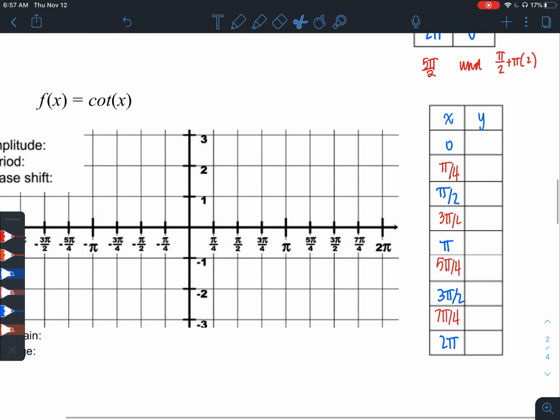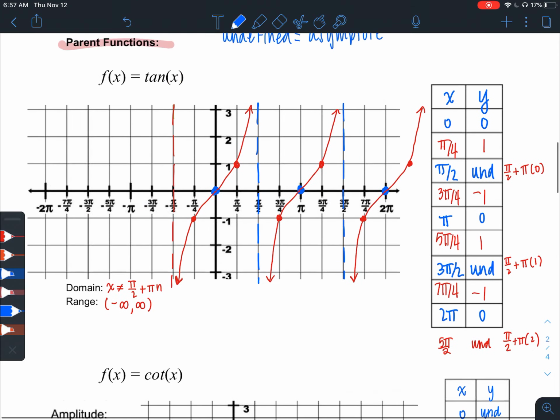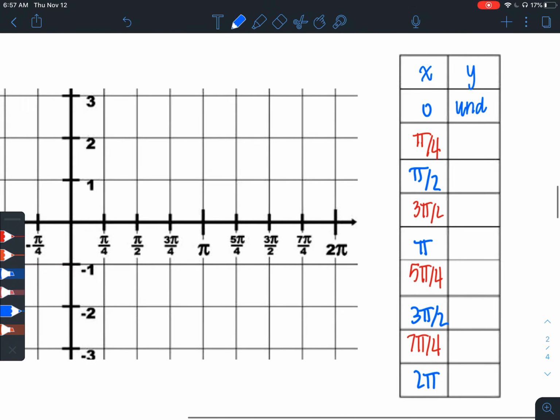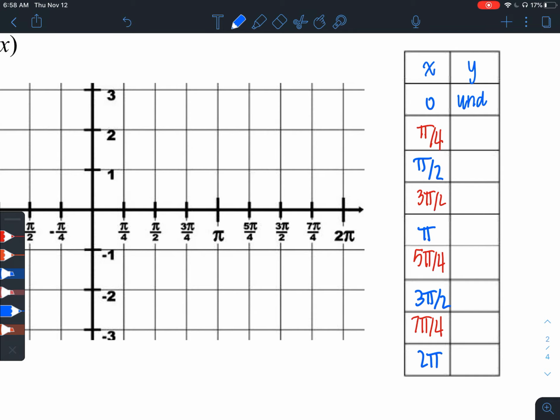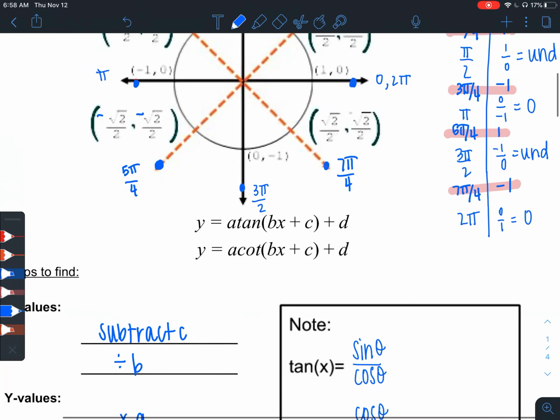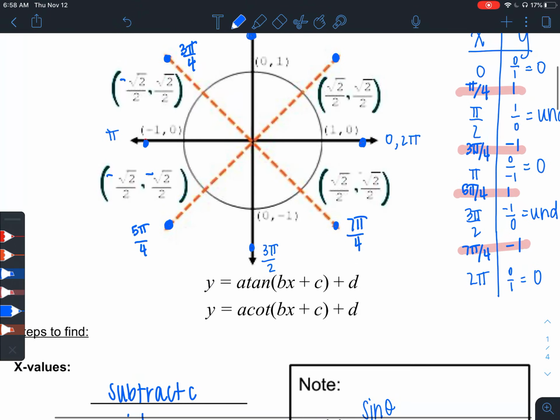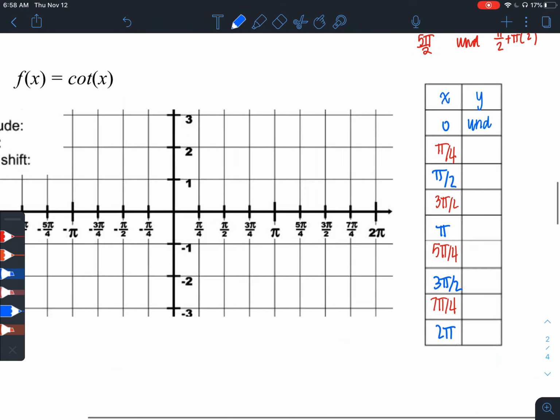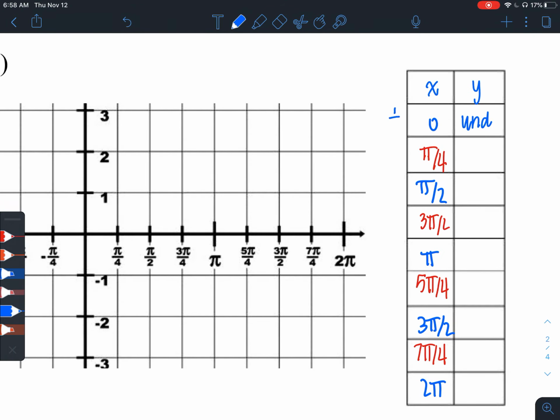So at 0, cotangent is undefined because at this point we have 1 over 0. At pi over 4 we have radical 2 over 2, radical 2 over 2, so it's 1.